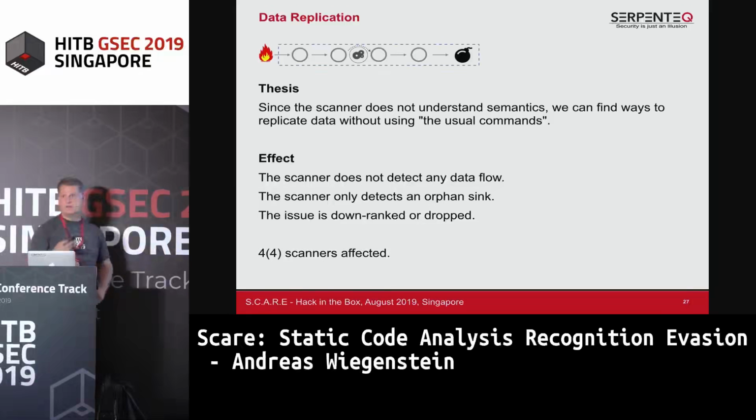If you want to try this at home, it is the most effective way, because in my opinion it's guaranteed to find a way to downrank. I want to see the scanner that understands this logic. If you try this with the scanners in your company and you find one that can catch that, I want to see that, where the ranking is still the same as if the data flow would be complete.